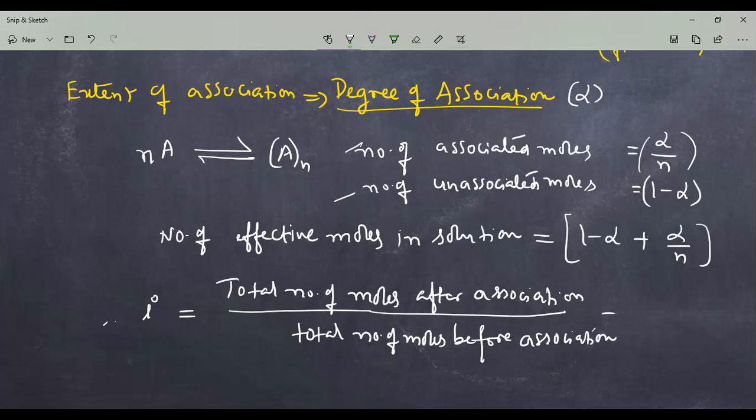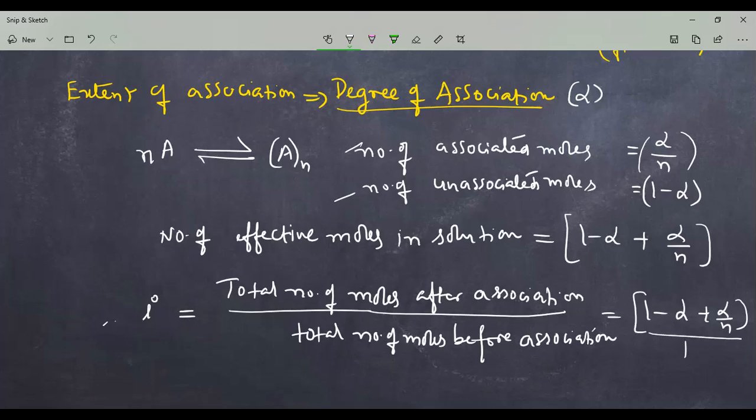That can be written as 1 minus alpha plus alpha by n. This is called the Van 't Hoff factor. The total number of moles before association is 1 only, so you can write it that way.